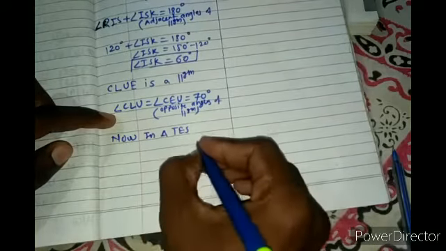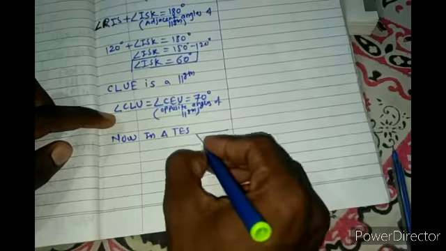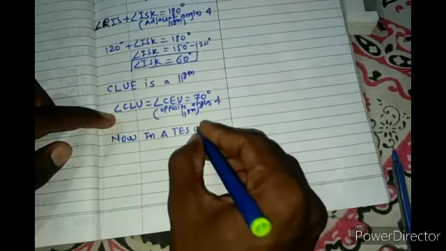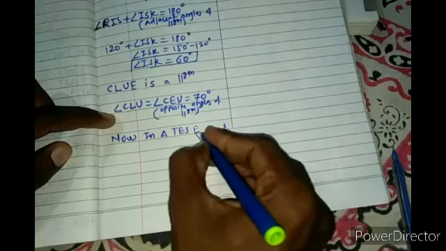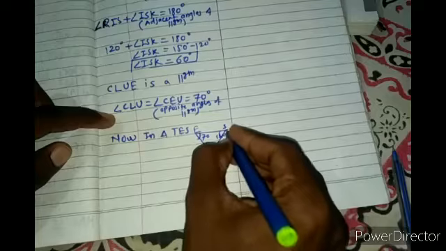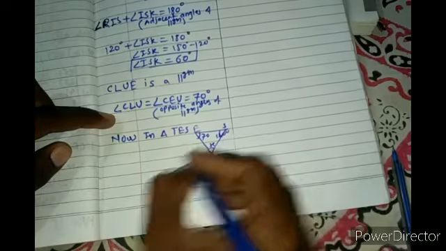In TES, I am making a small diagram of TES. This is 70, this is 120 and this is x.